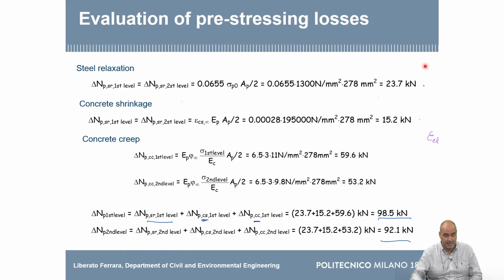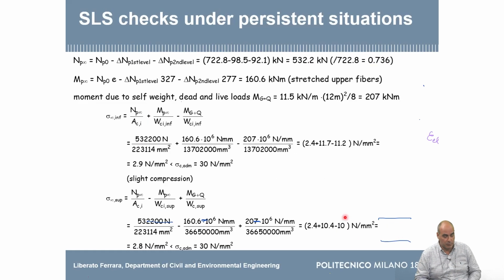Because as you can see here, more than half of the losses are due to creep. The ratio here is more or less 20-25% due to steel relaxation that you cannot change, 15% due to shrinkage, 60% due to creep. So that is what you have to control.